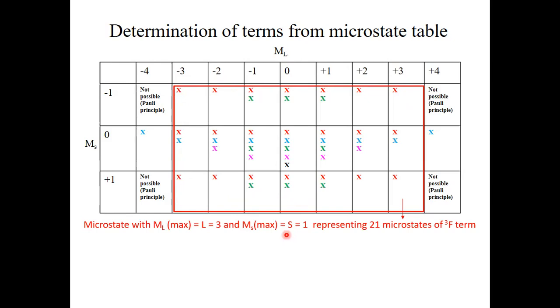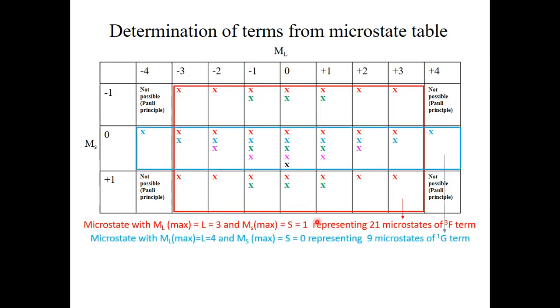Okay, so next we can try to draw the next largest possible box. This is actually this one here. So in this box, we find actually 9 microstates, which we have previously not considered.